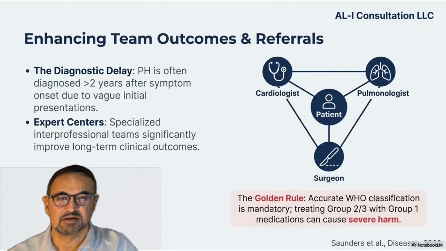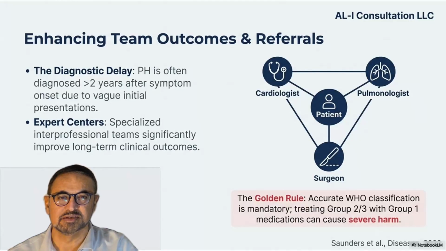Closing message: referral and correct phenotyping. I close with a systems-based message. Pulmonary hypertension is often diagnosed late because the early symptoms are nonspecific: dyspnea, fatigue, edema, reduced exercise tolerance. Referral to expert centers matters because classification, catheterization technique, vasoreactivity testing, surgical evaluation, and longitudinal risk assessment are all nuanced.